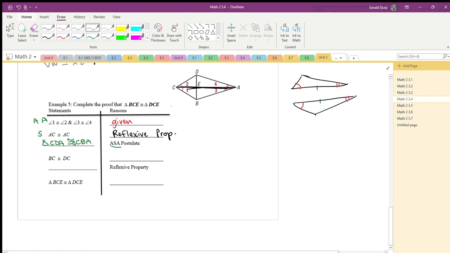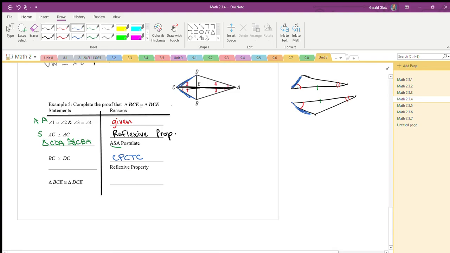And then they say that BC is congruent to DC. So we know that's true. We know this is congruent to this, or I could say this and this, because of CPCTC. The triangles are congruent, so these two corresponding sides have to be congruent to each other. Next, they use the reflexive property.